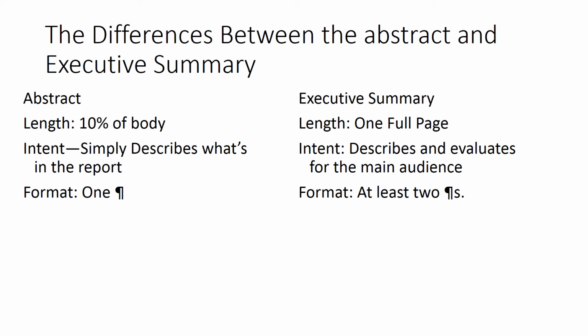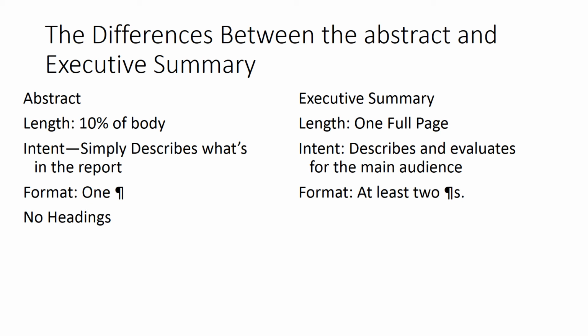Space in the sense that you're simply looking at something from a different perspective. But generally, shift to a new paragraph when you shift your perspective on a topic. But the executive summary, at least two paragraphs. It could be more than two paragraphs easily.